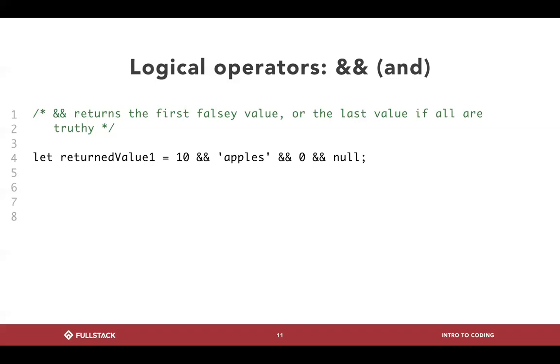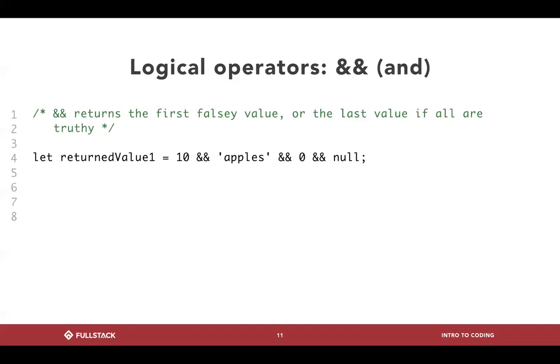The first truthy value is 10, right? The second truthy value is apples. There are no more truthy values, right? Really what happens here is that it goes from 10, checks it off as truthy, goes to apples, checks it off as truthy, and then hits that first falsy value, the 0, and it returns that.